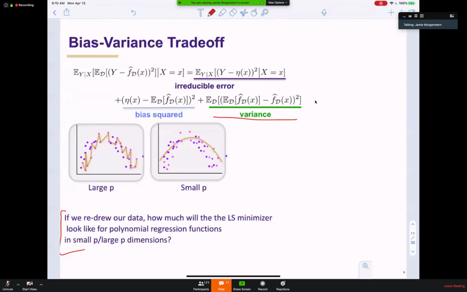The question I asked was which of large p and small p I would expect to have larger variance, which is the question of, if I redrew my sample, imagine I computed a least squares estimate on a sample, and then I redrew that data from the same distribution and made another computation of the same least squares estimator. Do I think small p or large p would have larger variance in that regard?